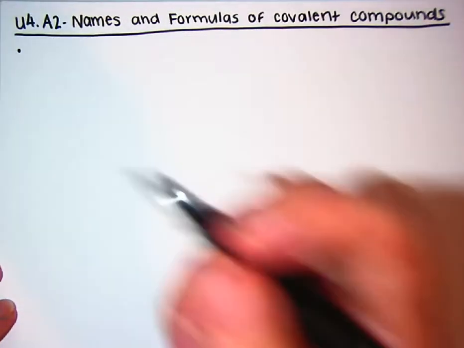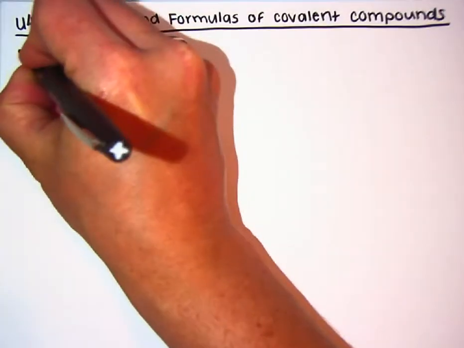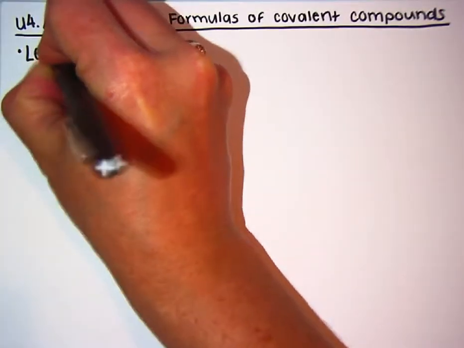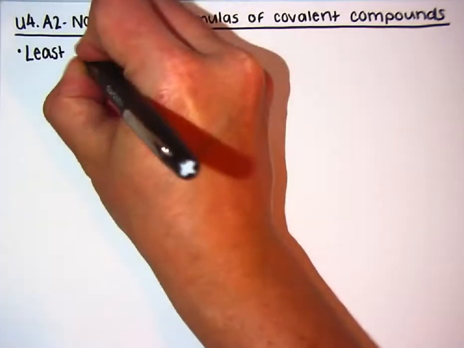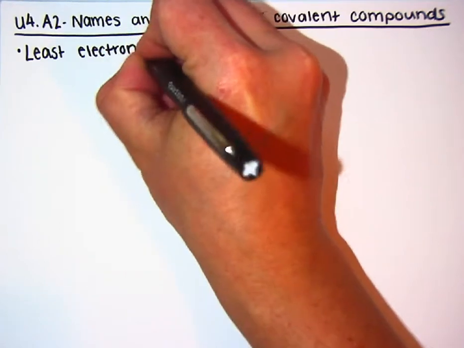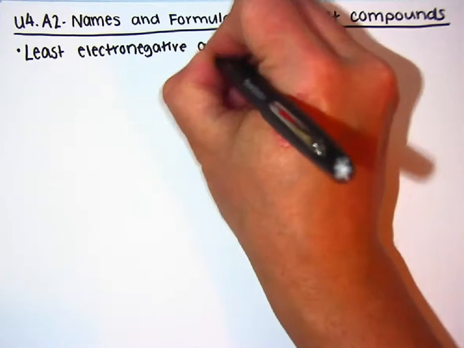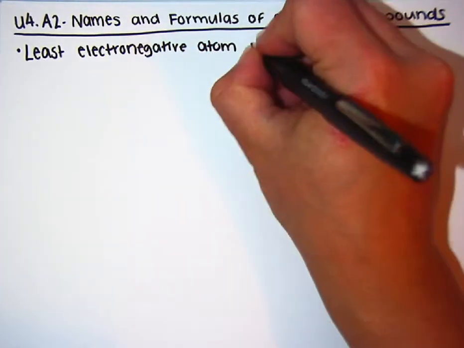When we did ionic compounds, we said the cation came first, the anion came second. When we're doing covalent compounds, typically the least electronegative atom is written first.